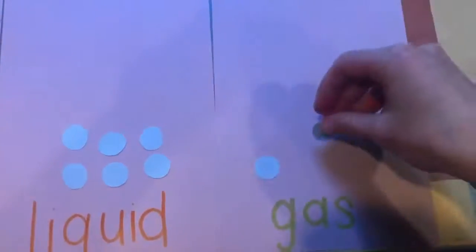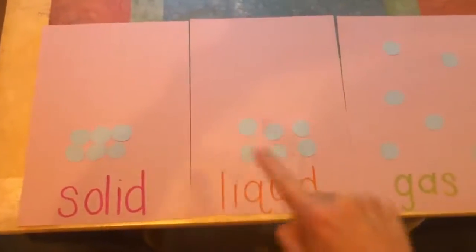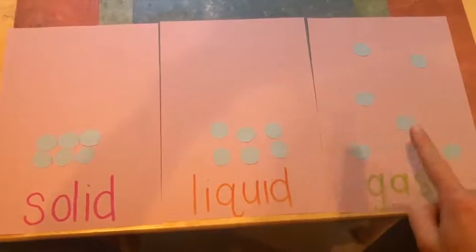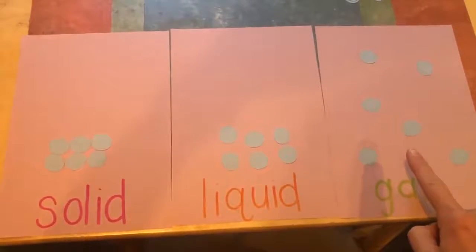And in a gas, the molecules are really spread out and they move around and they are not touching each other at all. So here we have a solid, here we have a liquid, and here we have a gas.